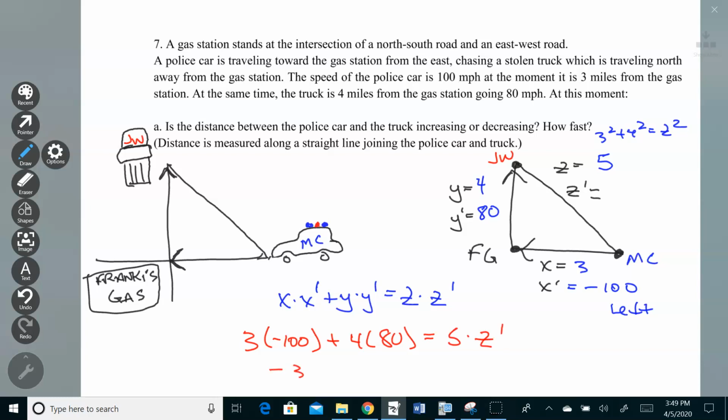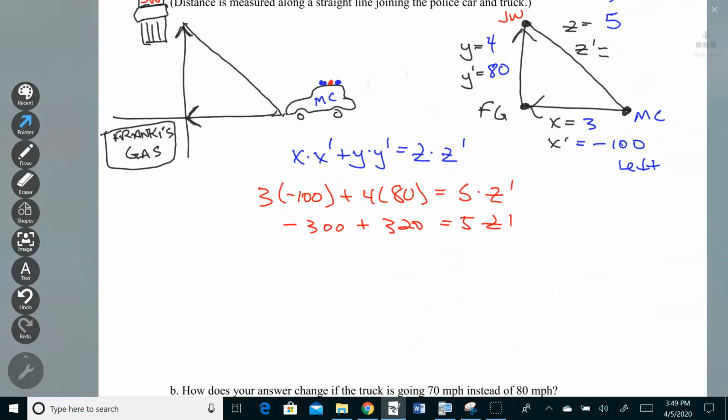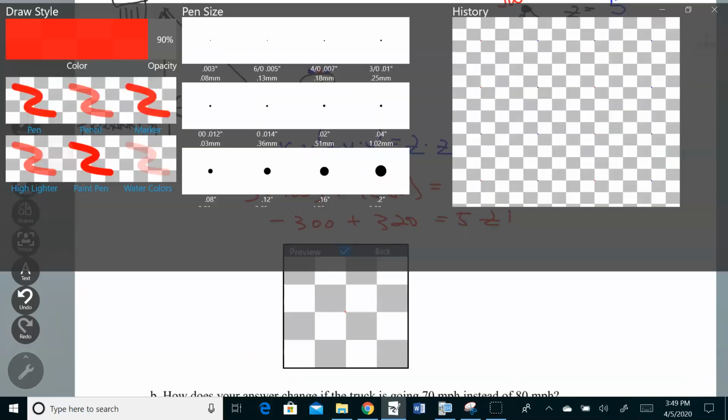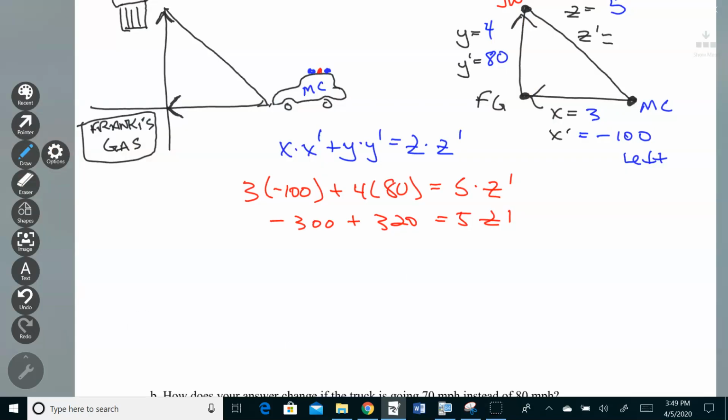And I get negative 300 plus 320 equal to 5z prime. Move this up. And I'm going to get 20 equals 5z prime, or z prime is equal to 4 miles per hour.